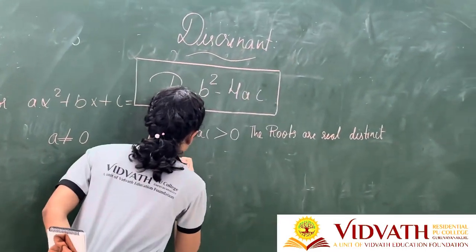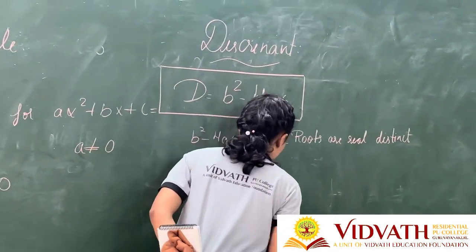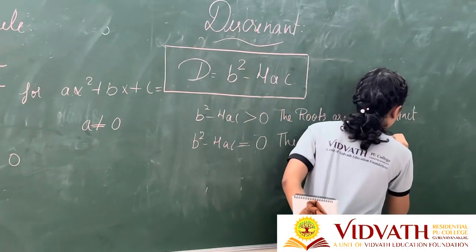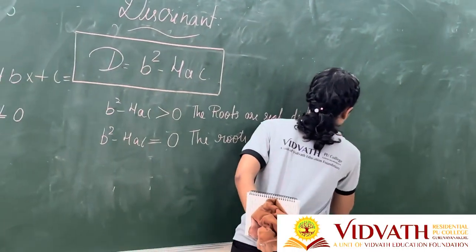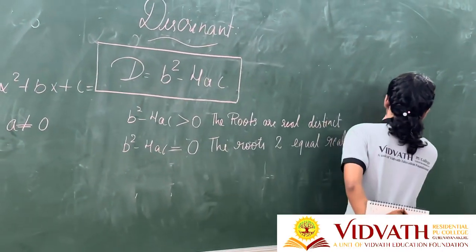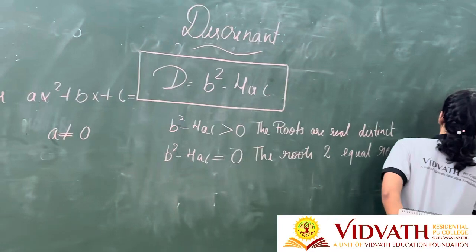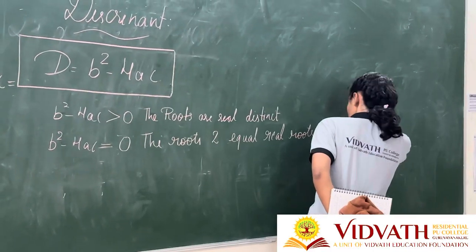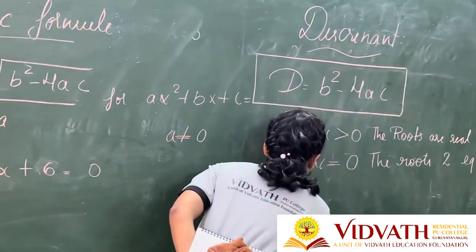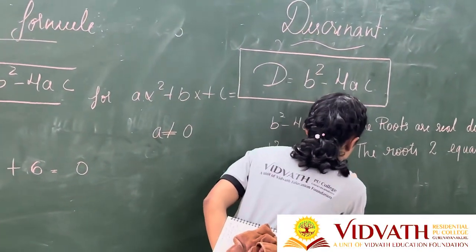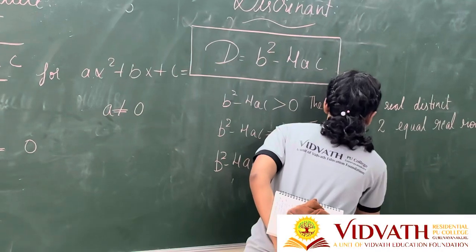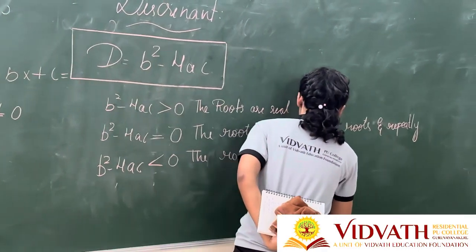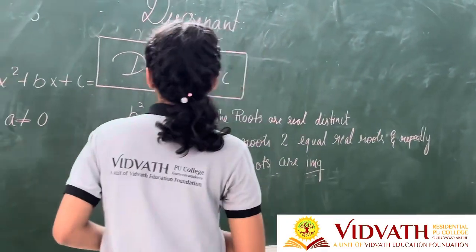Then, if we get b square minus 4ac equal to 0, then the roots are two equal, real roots, and we also call them repeated roots. And if b square minus 4ac is less than 0, the roots are imaginary, correct. Okay, then I'll give you a question on this.